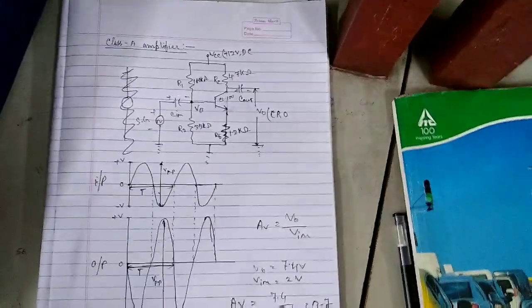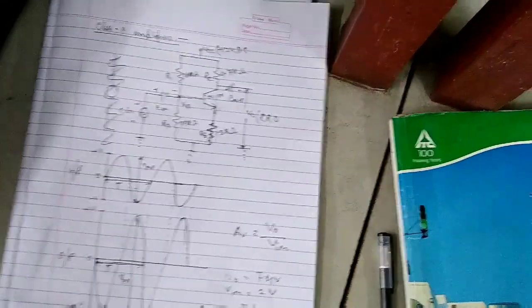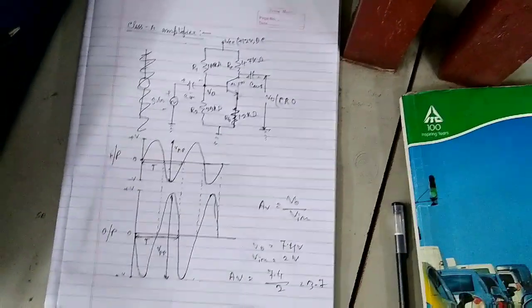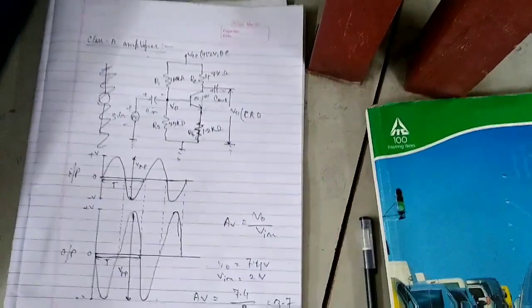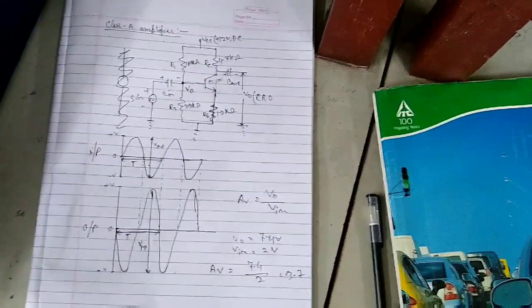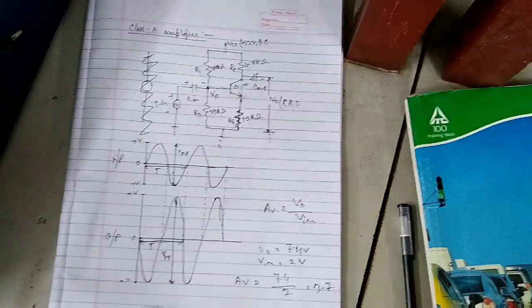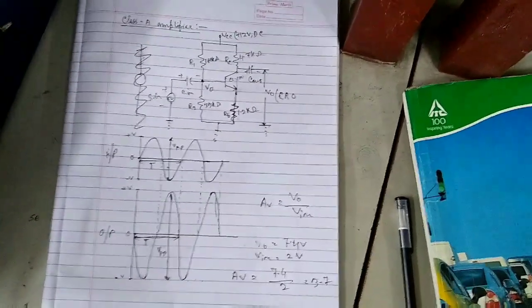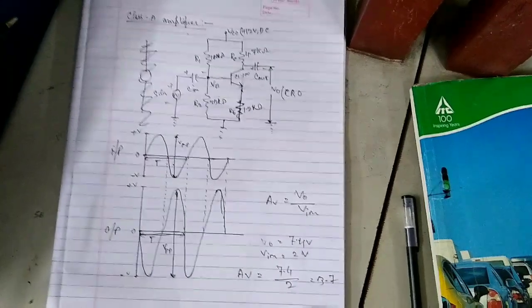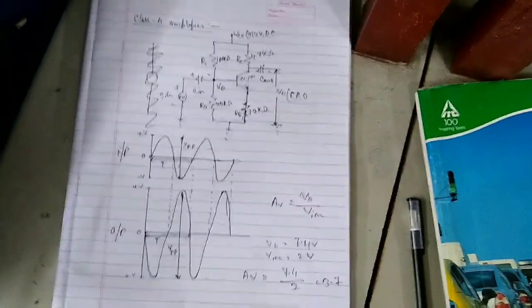In the total region of the amplification circuit, you can say it is divided into 3 parts: cutoff, active and saturation. In the cutoff region, no amplification takes place because current just starts flowing through the circuit.